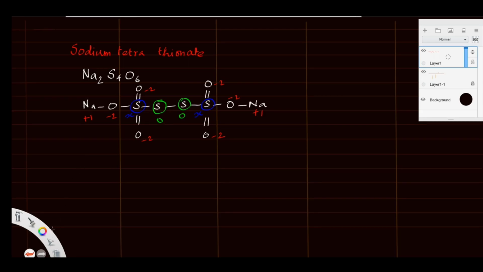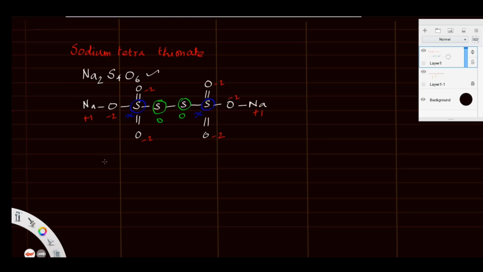Now move to step 3. The sum of oxidation numbers of all elements is equal to 0 because sodium tetrathionate is a neutral compound.